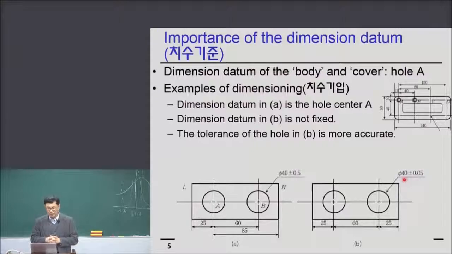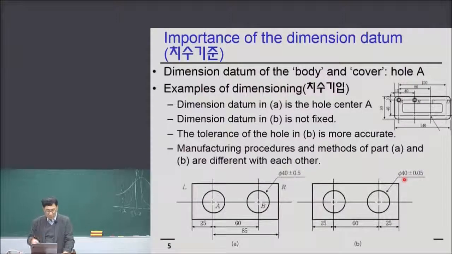Much more accurate. So this means that the manufacturing procedures and methods of part A and B are different from each other. Manufacturing procedure means that for manufacturing this part, from hole A to hole B is assigned. It's the same. Hole A to 25 is assigned. Part B from A to 60 and 25 assigned. It's the same until this procedure.